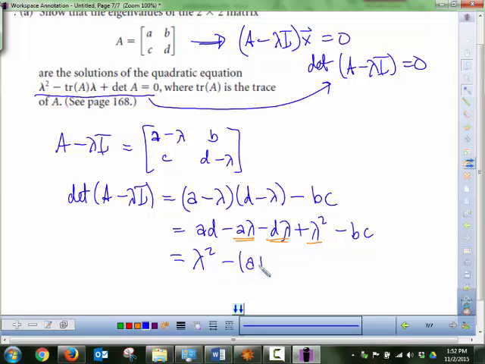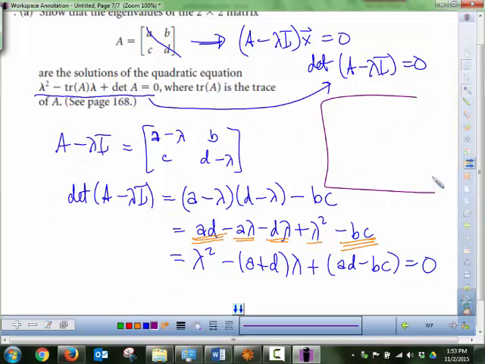You get A plus D lambda. That's the definition of the trace here. It's the sum of the diagonals, so trace. And then what do we have left? We have the constants left, the ones without a lambda. We have AD minus BC. Which, if you remember, is just equal to the determinant.